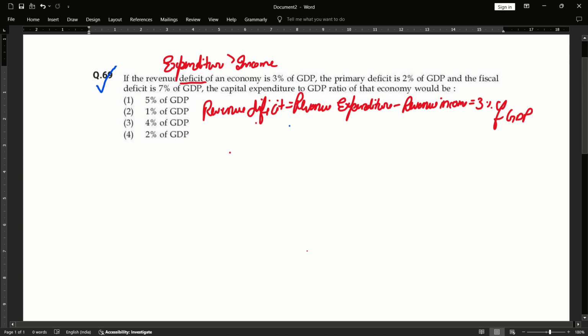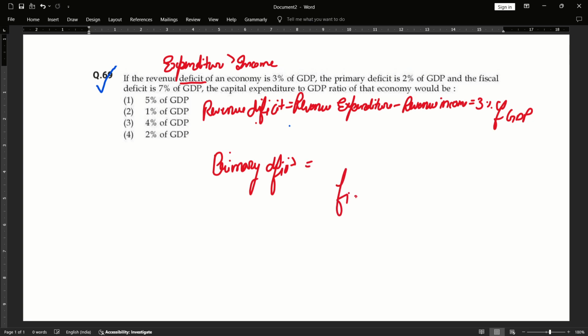Now primary deficit is fiscal deficit minus interest payments.